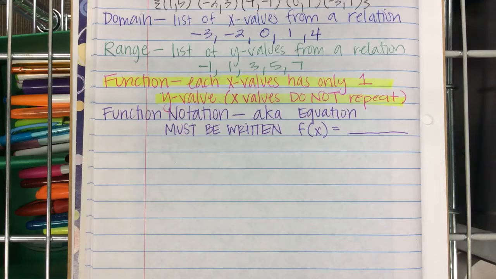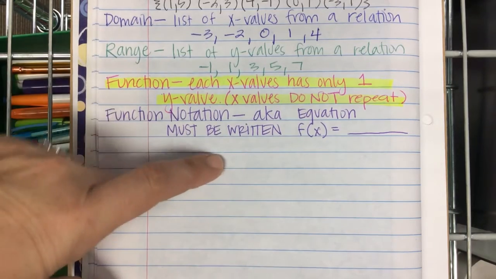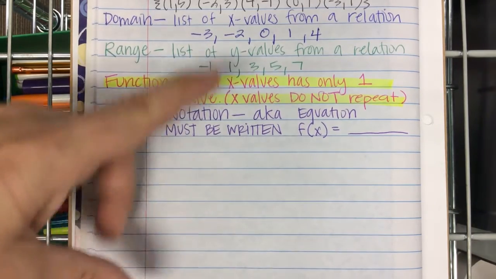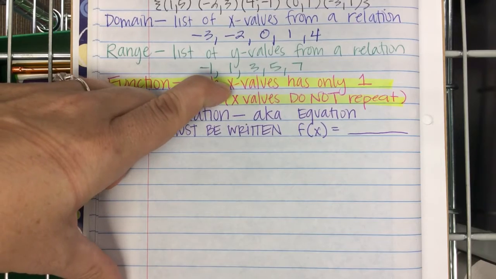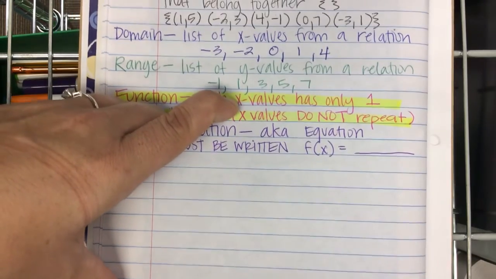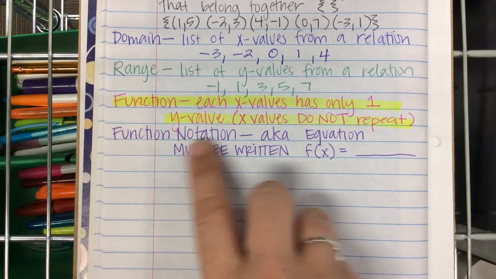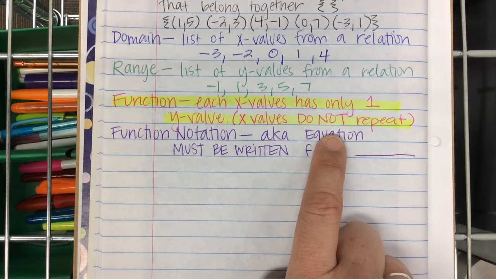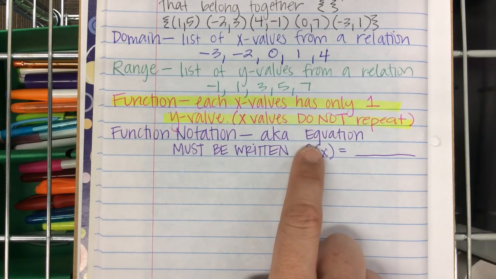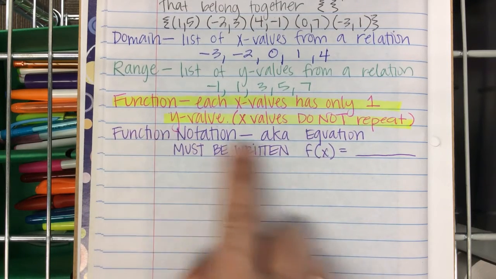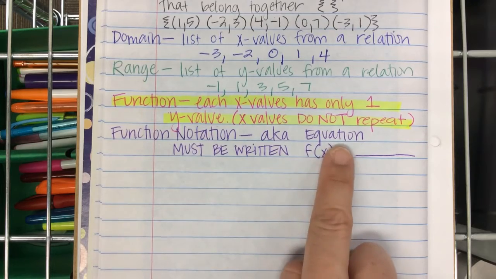And remember, a function is a series of x values in a relation that represents a relationship. So function notation is just a fancy term for equation. And the way you know it's a function is it's written f of x equals.